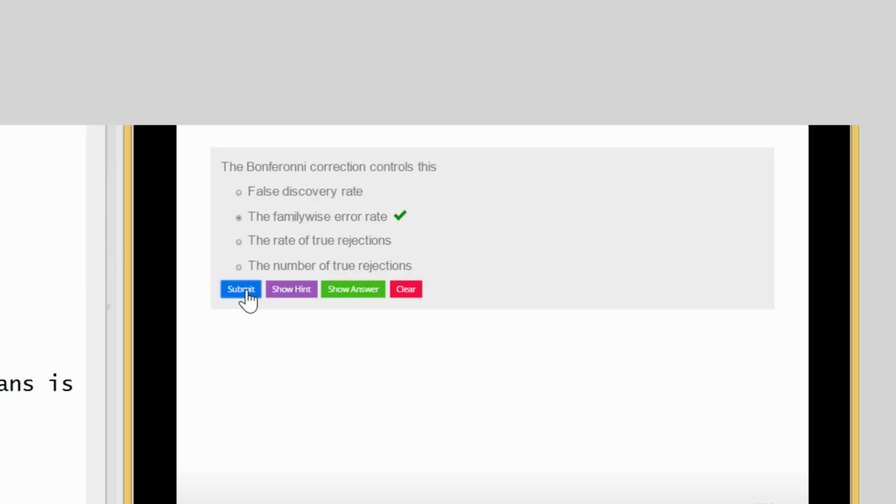If you look back at the lecture, that is what the Bonferroni correction is trying to control: the probability that we make at least one error. So it's a very strict criterion. In many cases, you may not want to control the error rate at such a strict criterion, and that's why people have developed other things like false discovery rates. But this is just the definition of the Bonferroni correction.